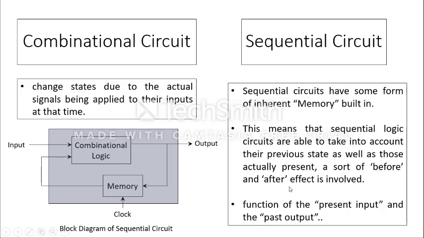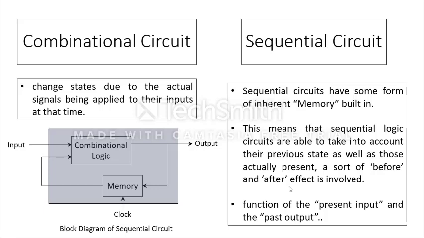Now I am giving one block diagram of a sequential circuit. You can easily check that in the combinational logic you are giving input, then the combinational logic unit will produce one output.